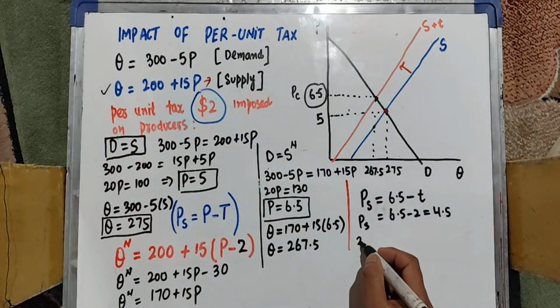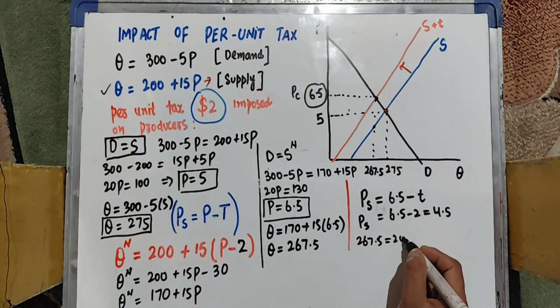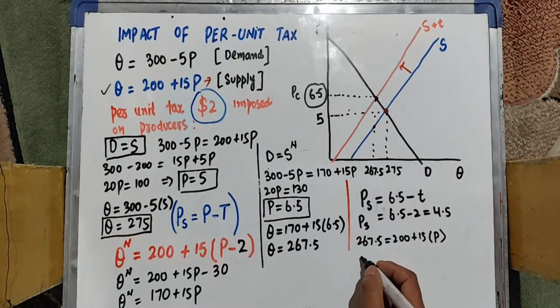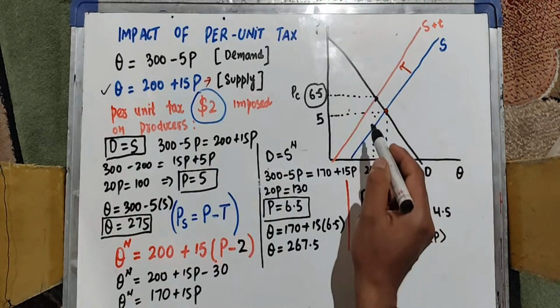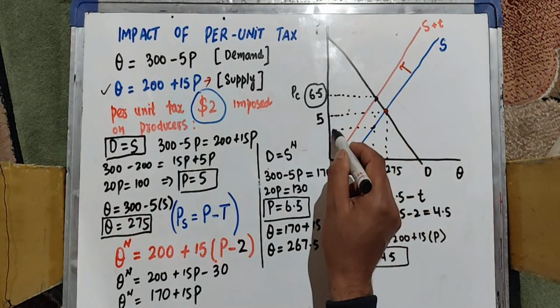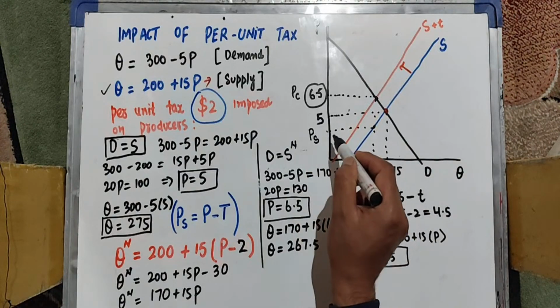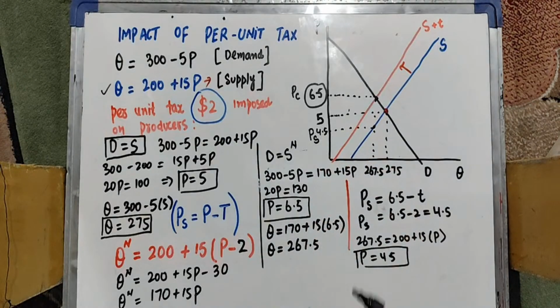So we have 267.5 is equal to 200 plus 15 times the new price. When we solve it, we get P equal to 4.5. So the new price that the sellers will receive, let us denote it by P subscript S, will be 4.5.